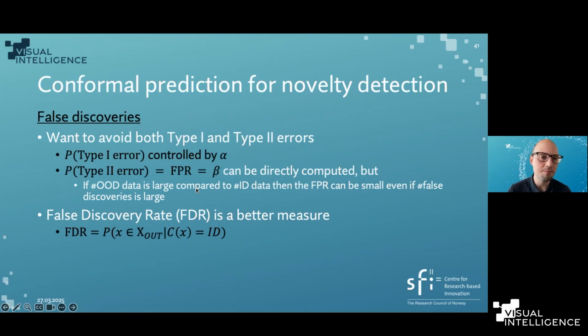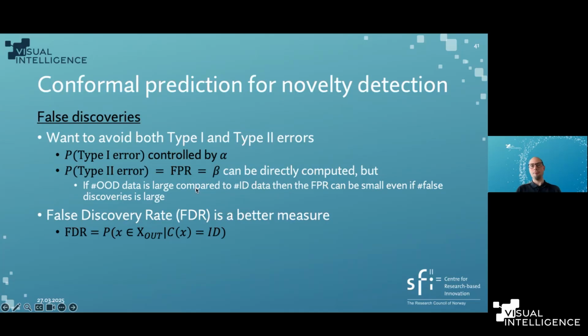But note that if you have a pool of test data where the number of out-of-distribution images is large compared to the number of in-distribution data, then the false positive rate can be really small, and you can still get a lot of out-of-distribution data in your prediction sets.